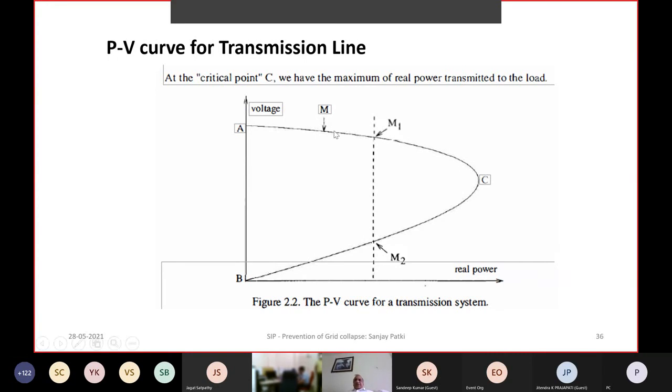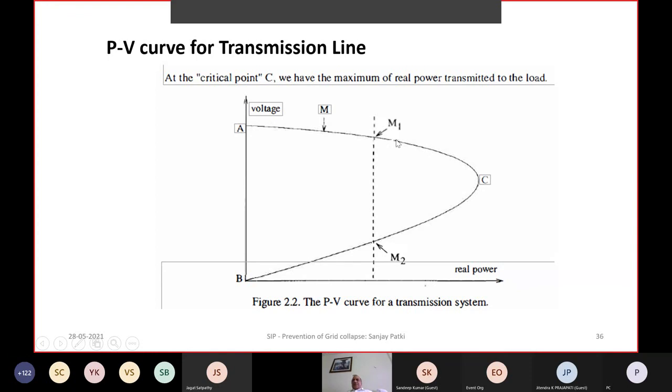So this PV curve, which is a voltage instability curve, normally the system operator has to ensure that there is enough reactive power margin so that the nose point is much away from the operating condition. So if this is the operating condition, you can say there is a reactive margin of so much value.